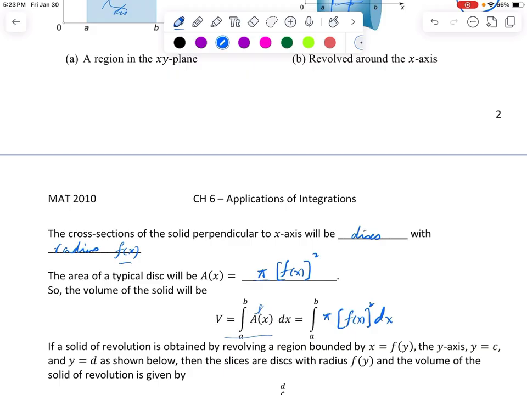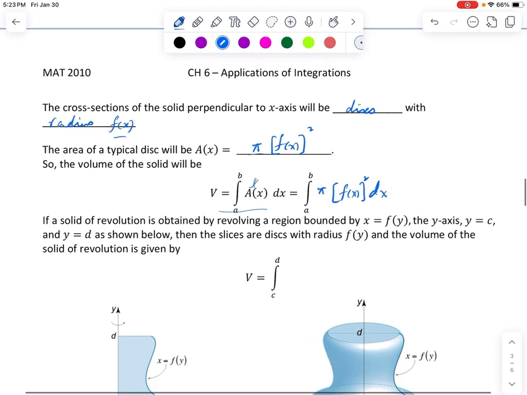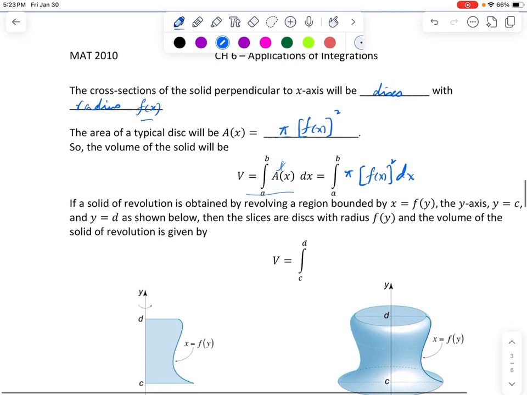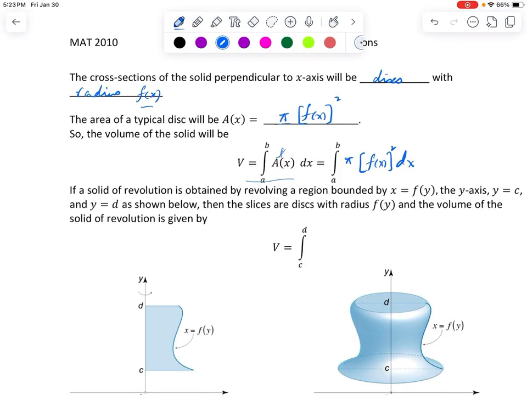Now similarly, if the solid of revolution is obtained by revolving a region bounded by x is equal to f of y, the y-axis, y is equal to c and y is equal to d, like this region, then the slices are again discs with radius f of y.